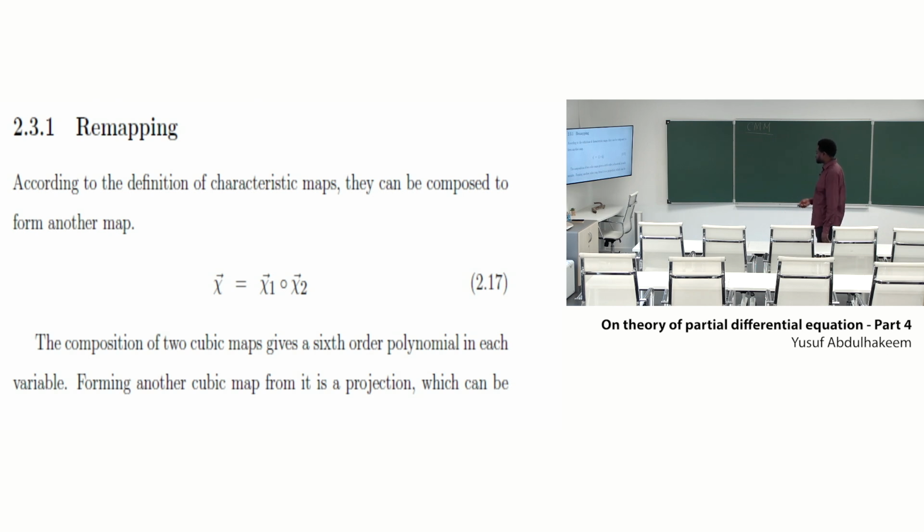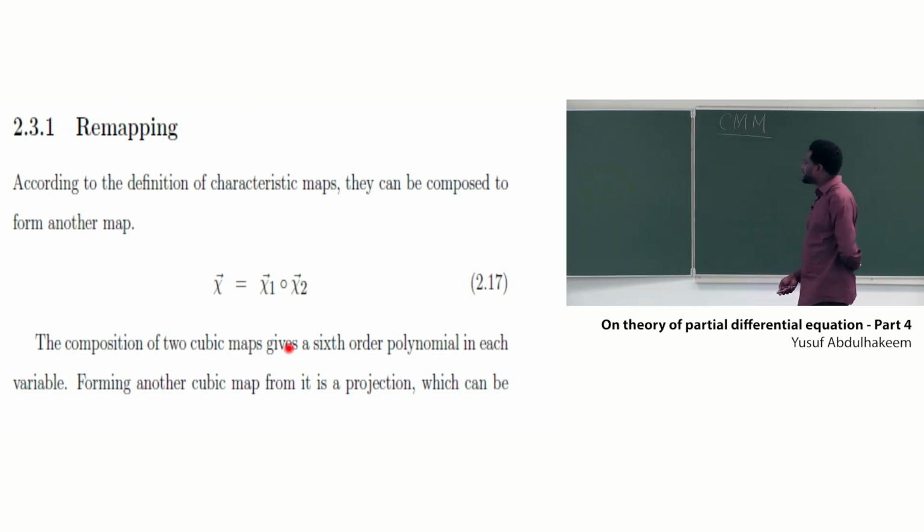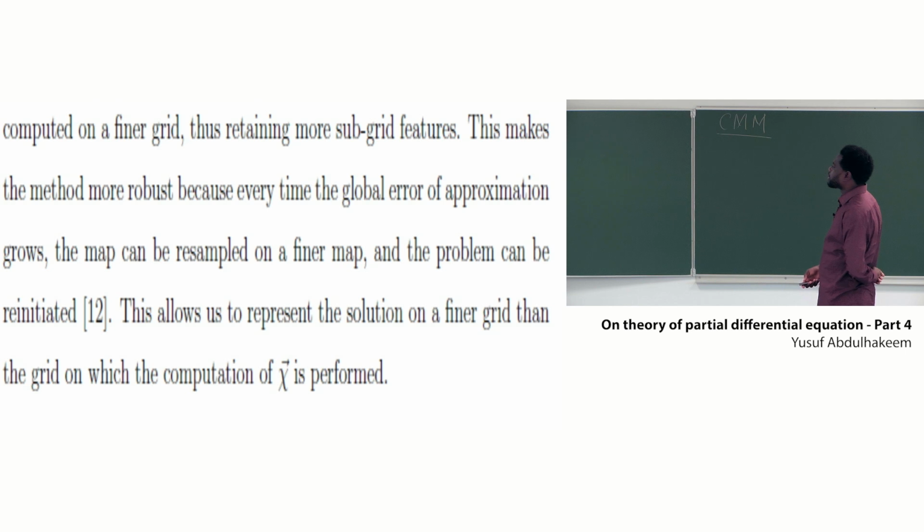That is why you see we have equation 2.17. The composition of two cubic maps gives a sixth order polynomial in each variable, which can be projected to form another cubic map. This projection can be computed on a finer grid, thus retaining more subgrid features.